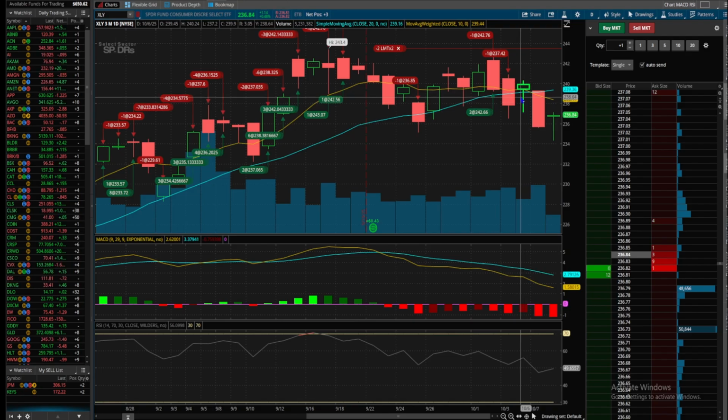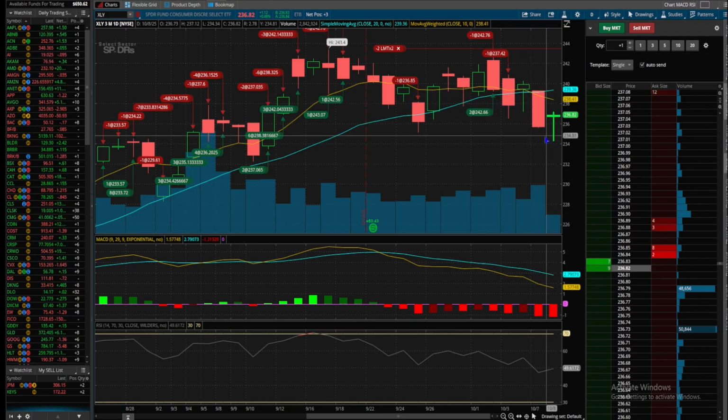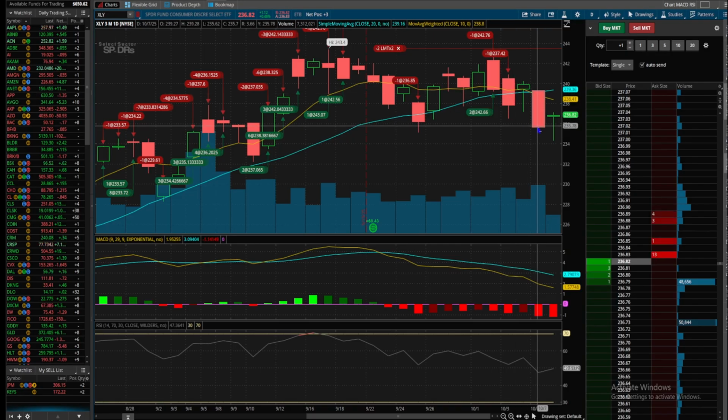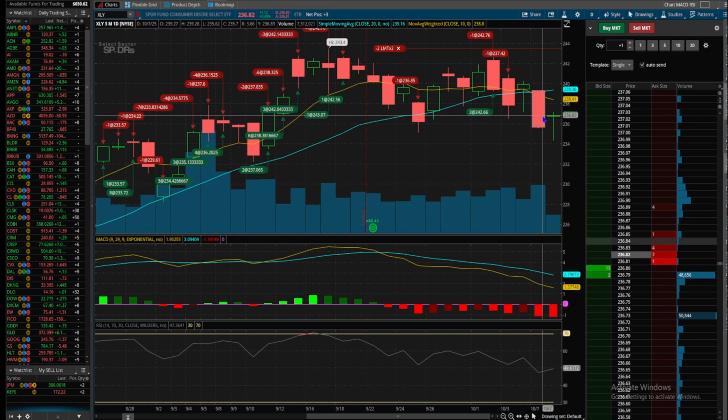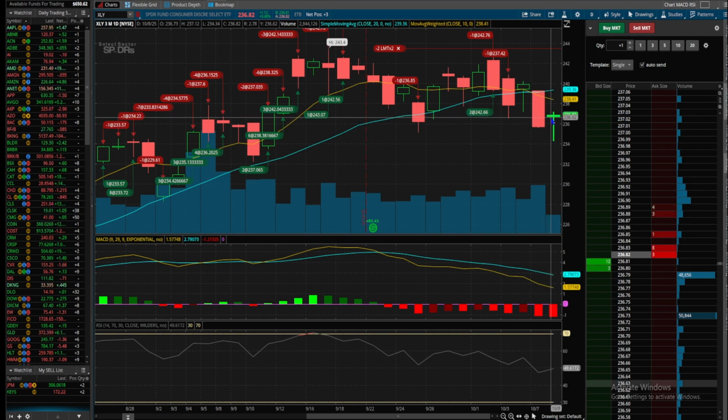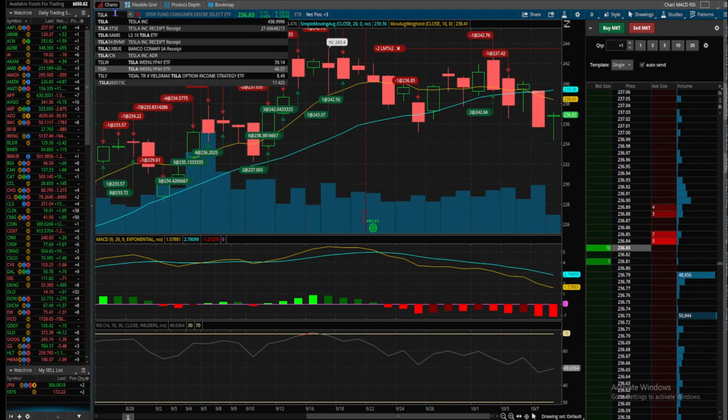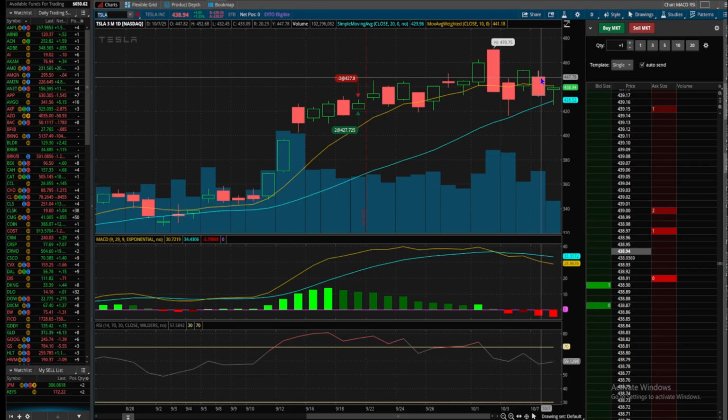And to show you that this move is basically directly linked to Tesla, we're going to go ahead and take a look at a Tesla chart. If we look at this candle and compare it to the neighboring candle of today, we opened up about 3/4 of the way down, we dropped, and then we've come back up. So let's take a look at the Tesla chart on a daily chart. We have a similar situation.